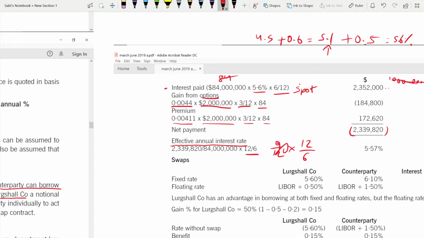Why is it reversed? Can you tell me why it is a reversal?